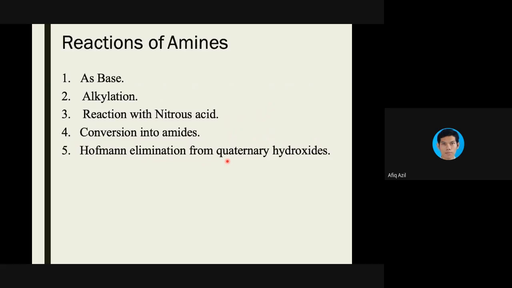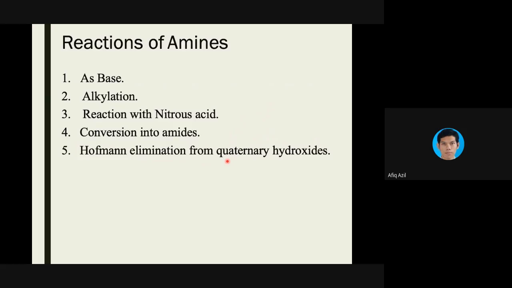Then we will go to some examples of reactions of amines. Just now were the properties. I just want to share 5 examples of amine reactions. One is as a base. That means the amine will act as a base and react with acid.